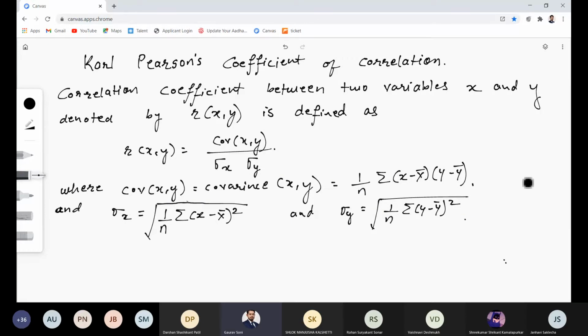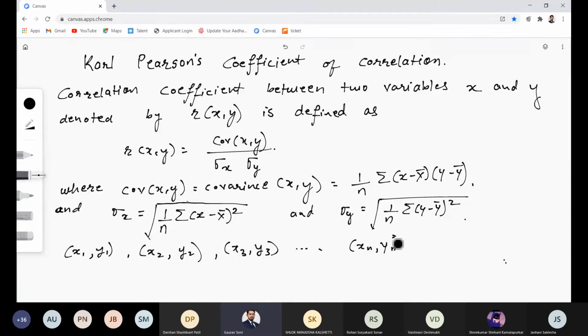In the bivariate data, what we are going to see here is we will have a value of x1, y1, x2, y2, x3, y3, dot dot dot till xn, yn.